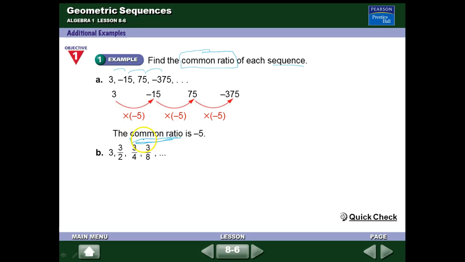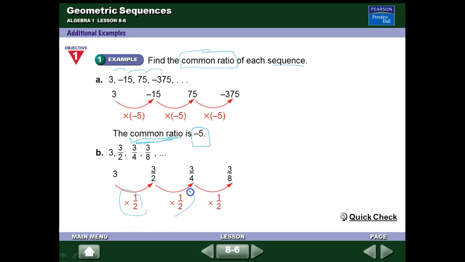So what is common amongst all of these? The fact that it's being multiplied by -5. Once again, what is happening between 3 and 3/2, or 1/2? 3/4, 3/8. What's happening? Well, we are multiplying by 1/2.